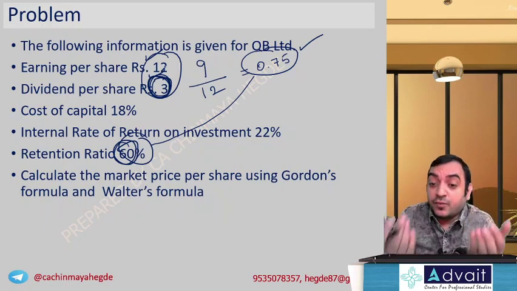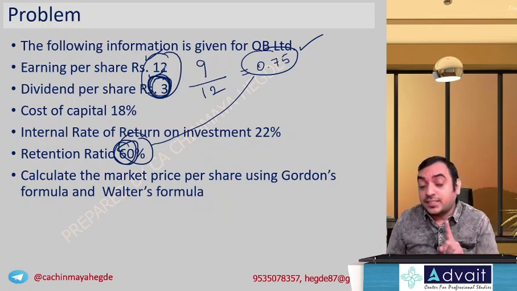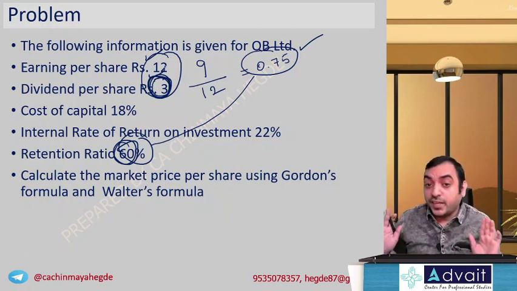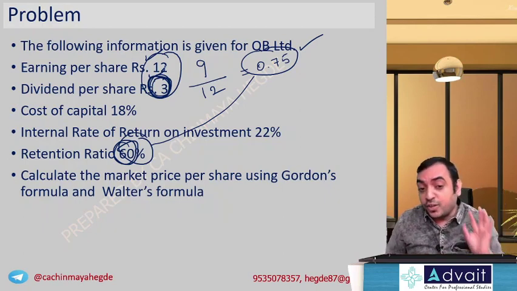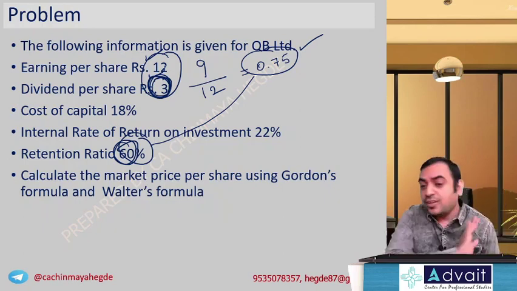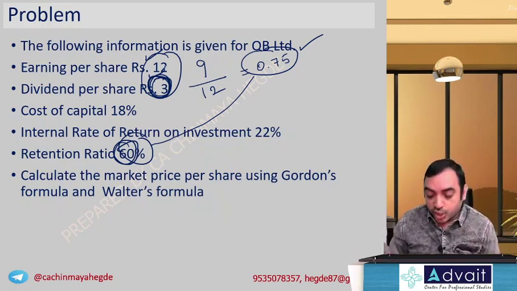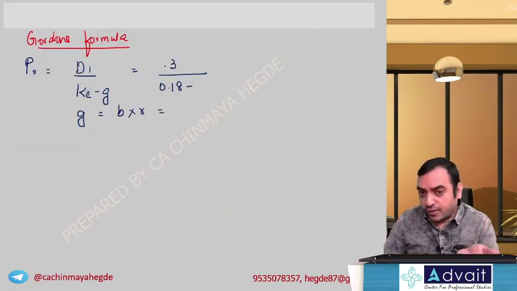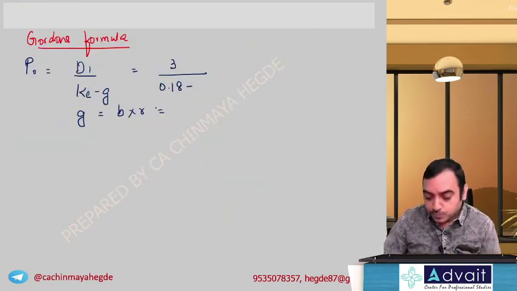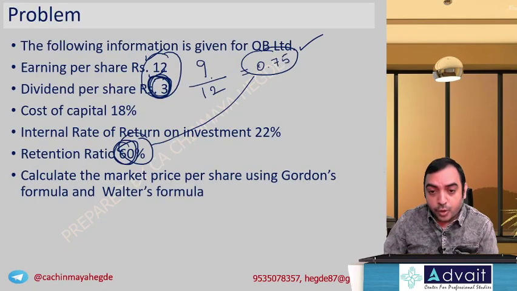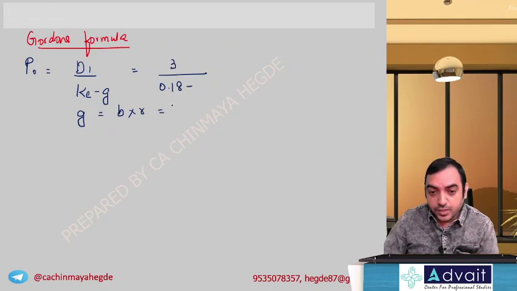Both alternative answers are accepted in exams, but not a crossbreed. You can't say 3 rupee dividend, 60% retention ratio. That is straight away not accepted. So we will also write down the alternative answers.